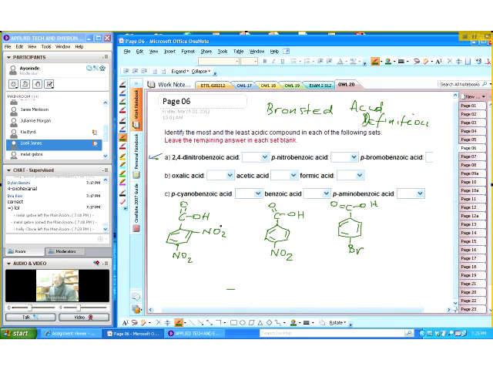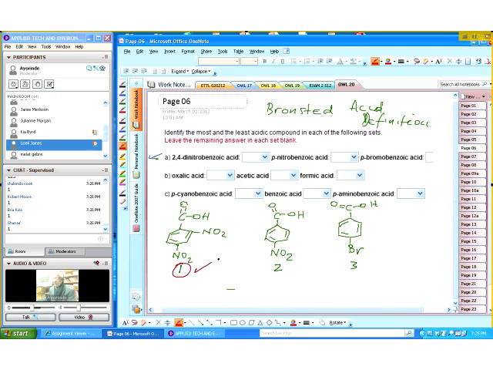So given that information, which of these three here will be the most acidic? Let us call this number 1, number 2, number 3. Which is the most acidic? Number 1 will be the most acidic.